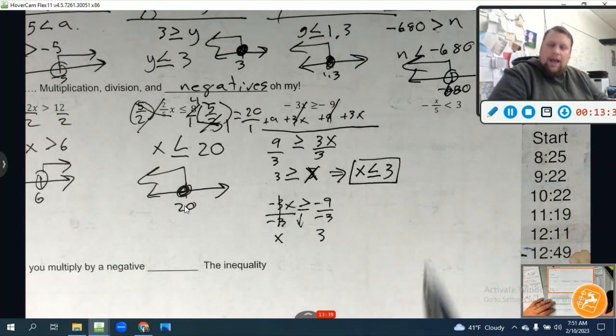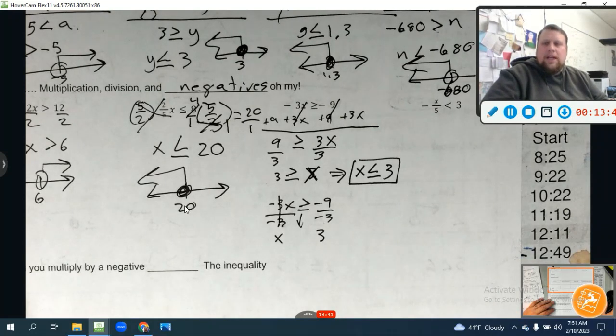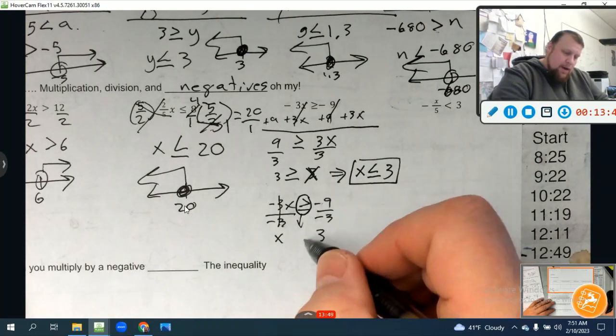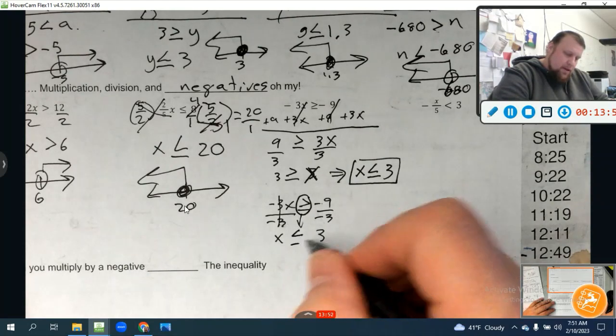That's because when using inequalities, the one difference from an equal sign is that whenever you multiply or divide by a negative, you must flip the sign.